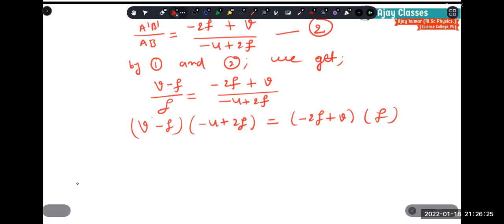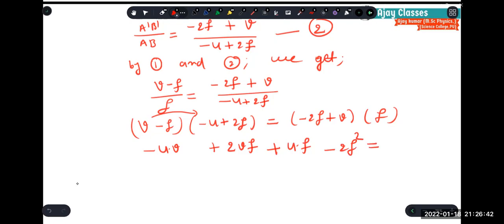Simplifying this, we write minus UV, plus 2VF, plus UF, minus 2F squared on the left hand side, and on the right hand side minus 2F squared plus VF.